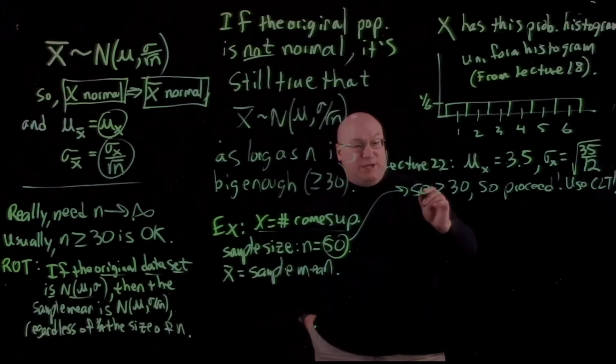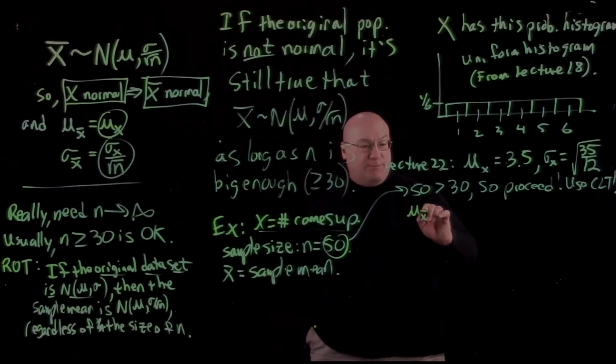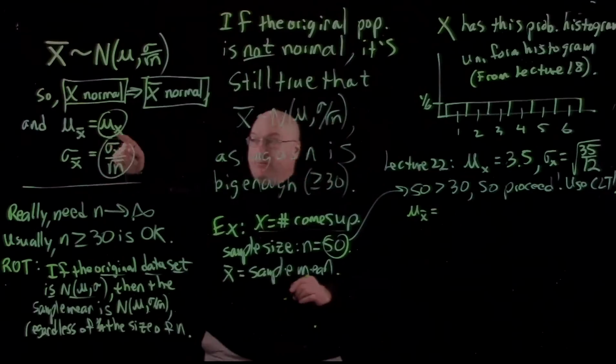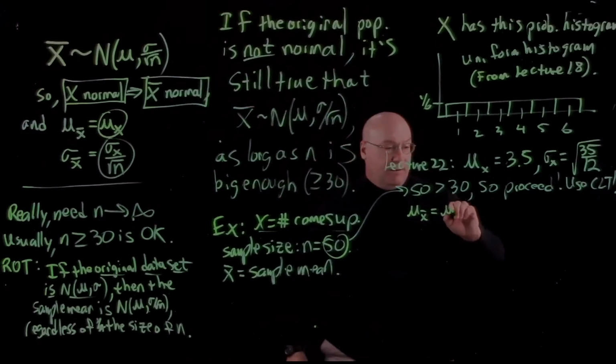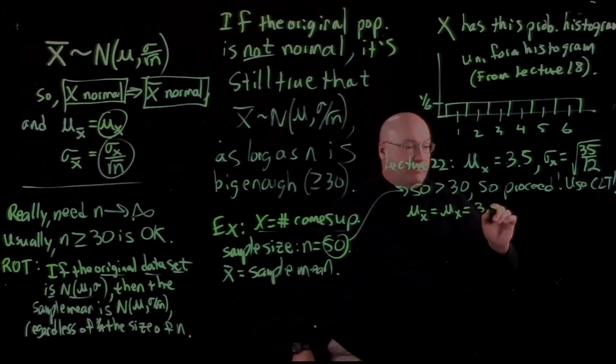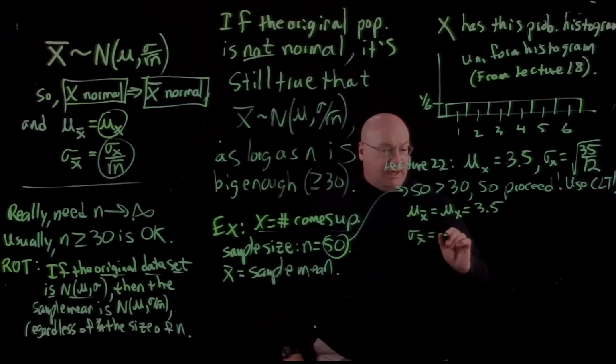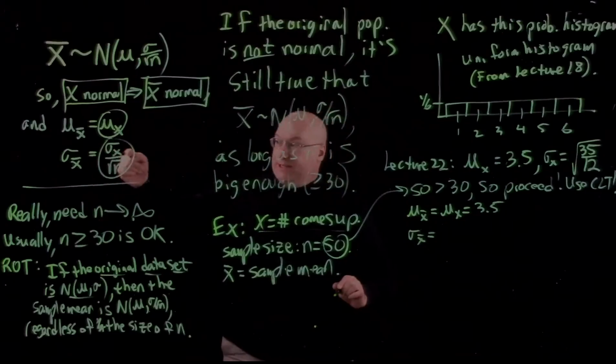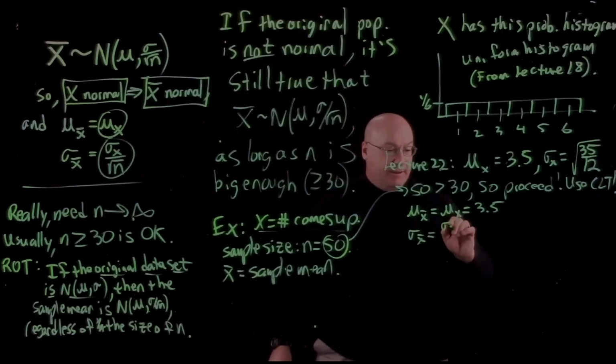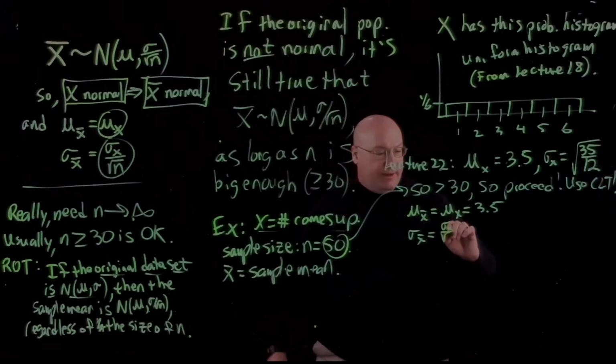And what will its mean be? Mu sub x bar will be mu sub x, which is 3.5. What will sigma x bar be? It will be sigma x over the square root of n.